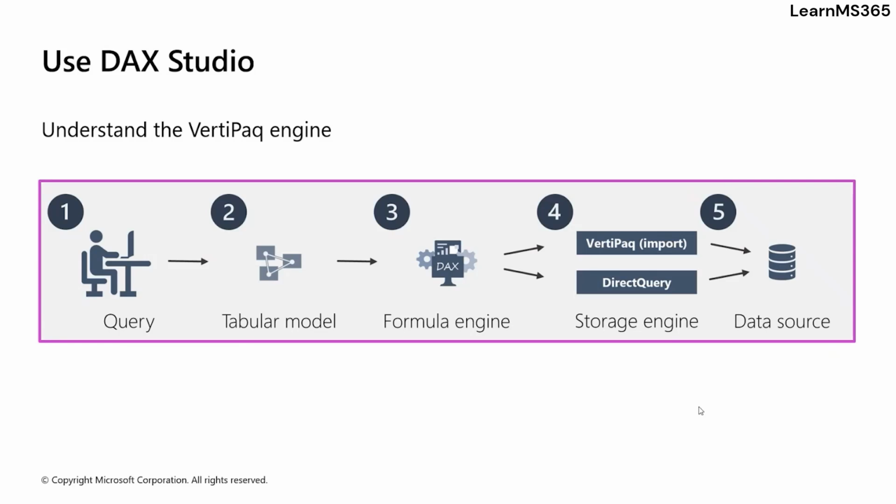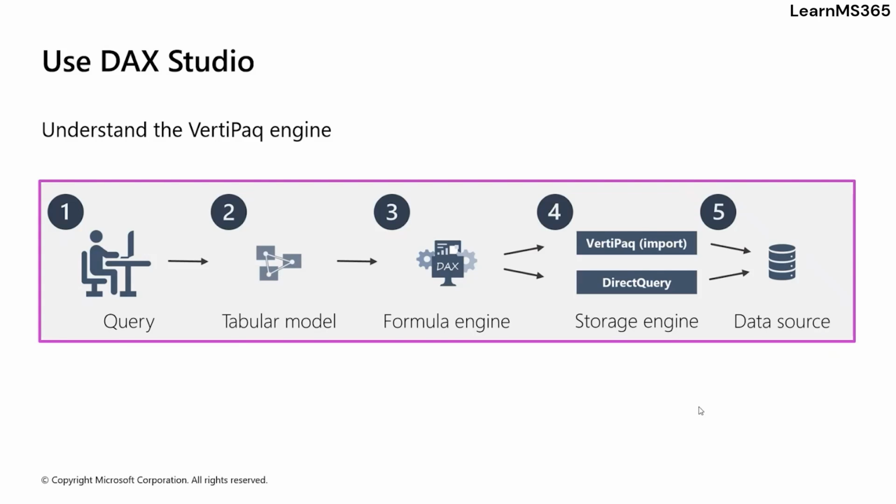Okay, so DAX queries are processed by two engines, the formula engine and the storage engine. We will talk more about these engines. Calculations using DAX, either measures or columns, are part of a DAX query, which is processed by two engines in VertiPaq.